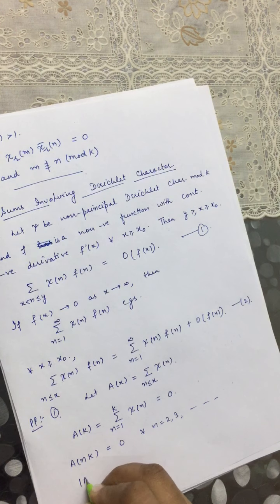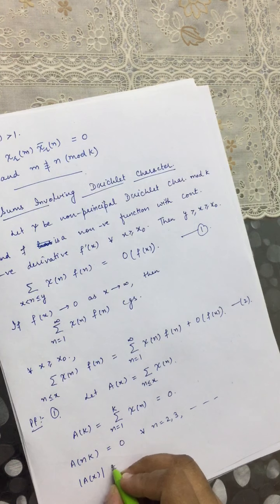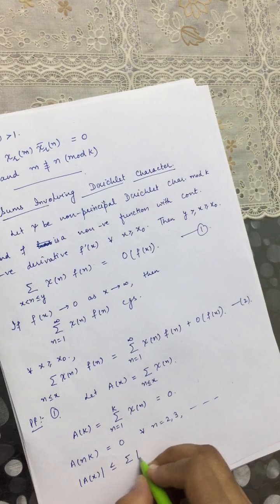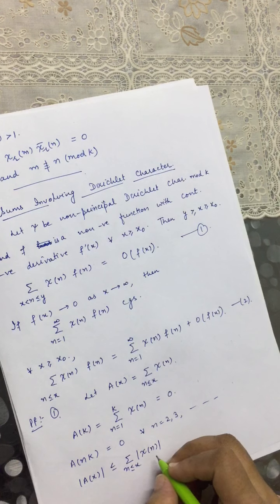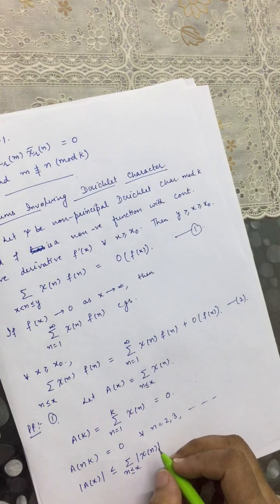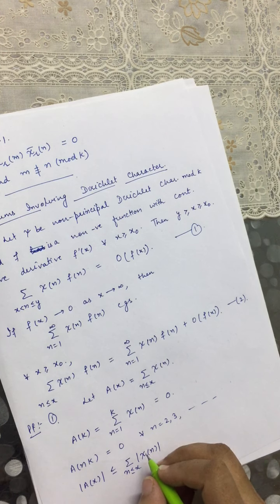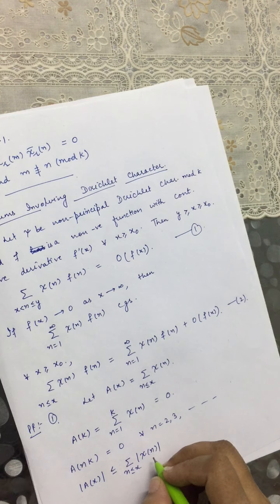So let us take mod of A x. Now A x is the summation of chi n, so mod of A x is less than or equal to the summation of mod chi n over n less than or equal to x. Now we know mod of chi n is either 0 or 1, because for the integers n which are co-prime to k, this is just a root of unity, and for the integers which are not co-prime to k, this is 0.